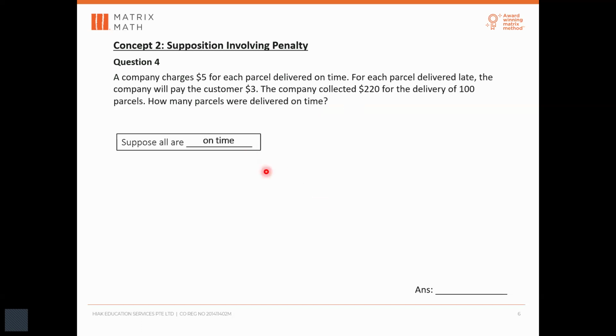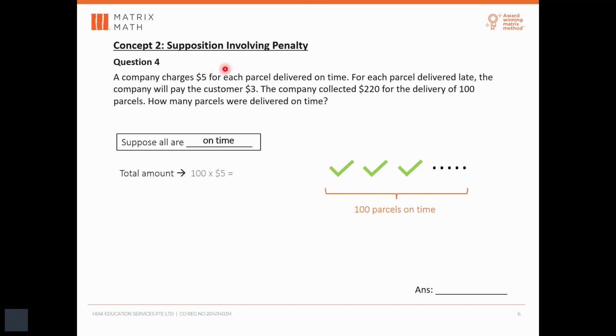So for a penalty question, you need to firstly identify that this is a supposition involving penalty. This one is because if it is late, you have to pay. So that's like a penalty, right? In a way, they're punished for it. So start off with the positive one. Suppose all of them are on time. Your first step: 100 parcels, all on time. If it's on time, they can charge $5.